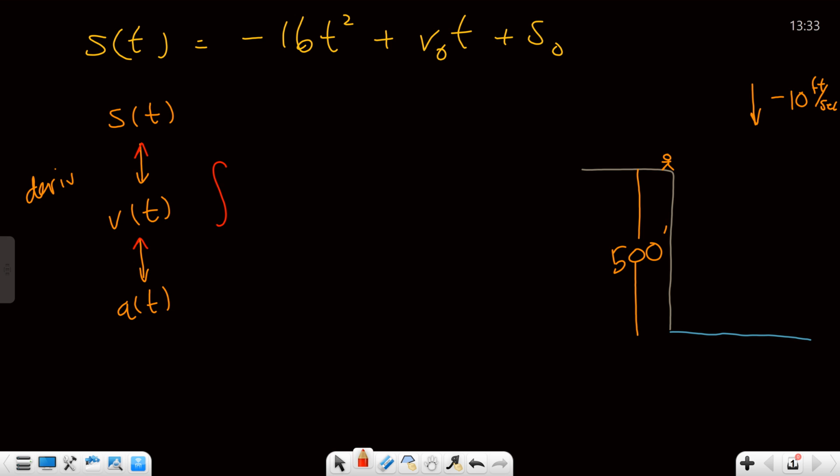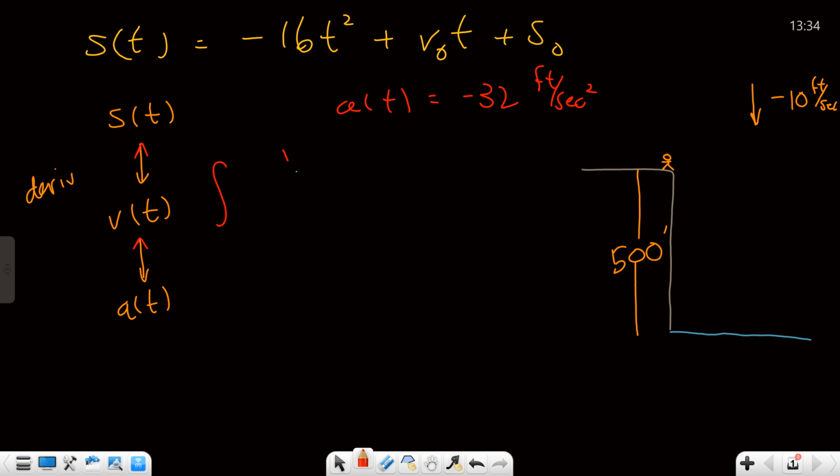So one thing that I know is constant is the acceleration due to gravity is negative 32 feet per second squared. Right? Acceleration due to gravity is negative 32 feet per second squared. And I'm going to use that and some calculus to end up with the formula that we need here.